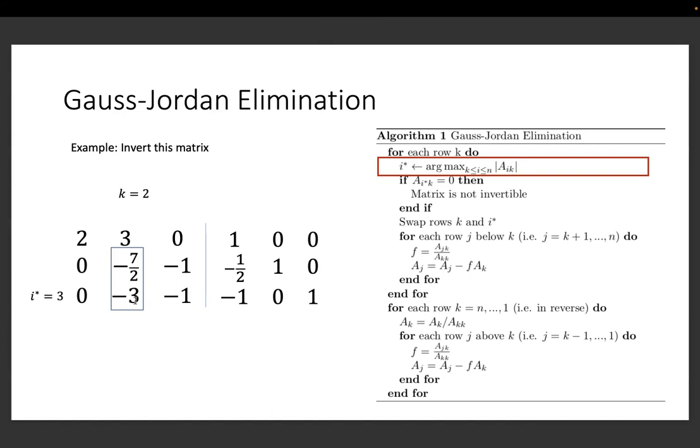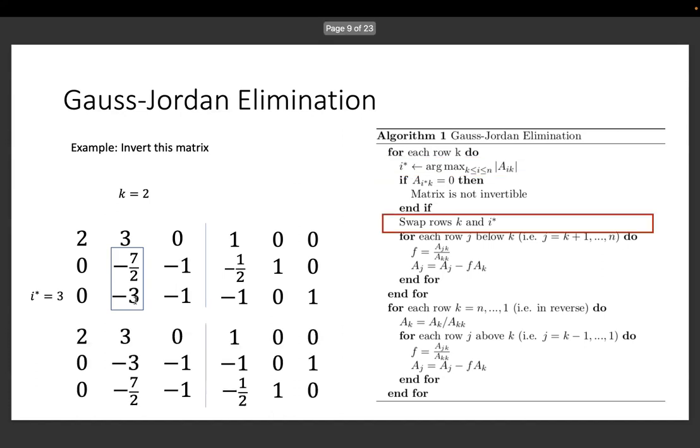But I don't think that this mistake changed the final result. So if we just consider that in this system I star is equal to 3, and so A32 is not equal to 0, so we cannot conclude that the matrix is not invertible.